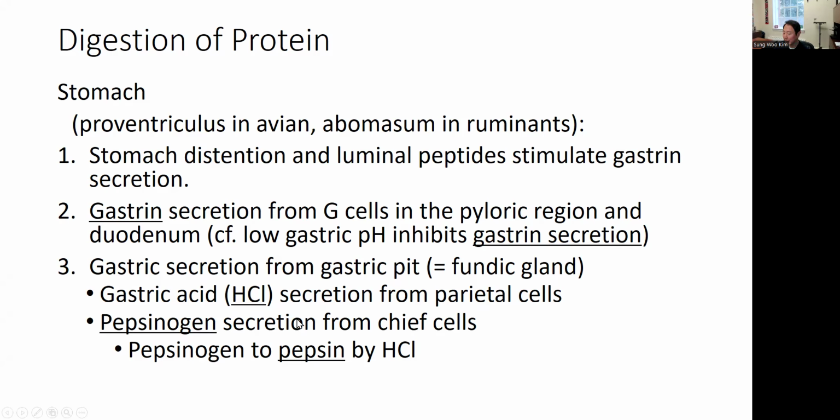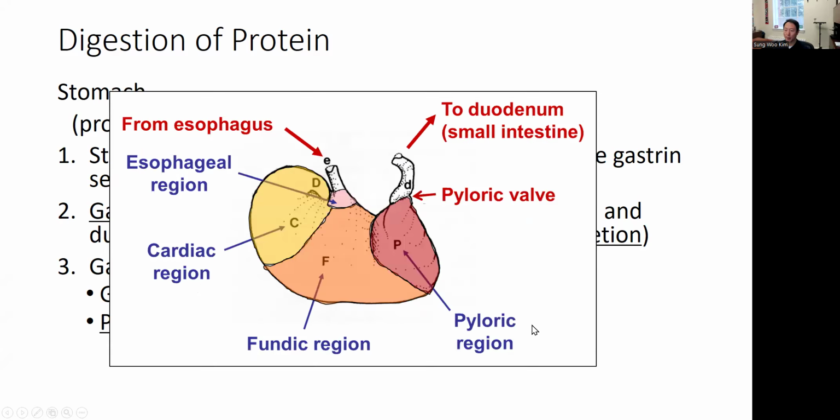The pepsinogen is secreted into the lumen of the stomach, and the pepsinogen will be converted to pepsin by gastric acid, hydrochloric acid. So parietal cells and chief cells are working together. They are found in the gastric pit or fundic gland in the fundic region of the stomach.